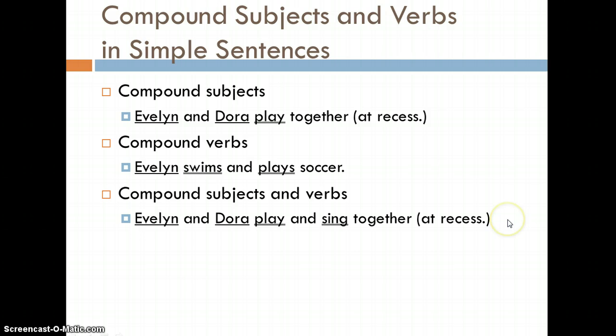So if we look at this example, Evelyn and Dora play and sing together at recess. Again, at recess is a prepositional phrase, so we can simply ignore it. Our actions are play and sing, and if we ask who plays and sings, Evelyn and Dora, so those are the subjects.